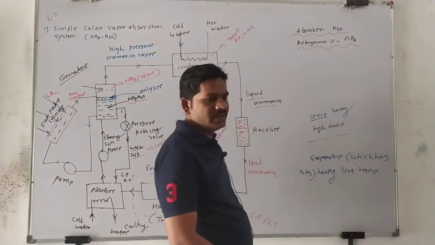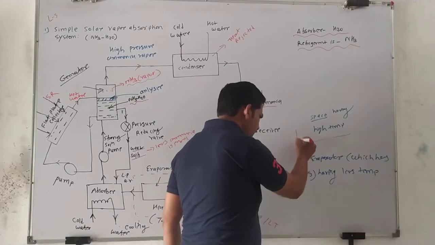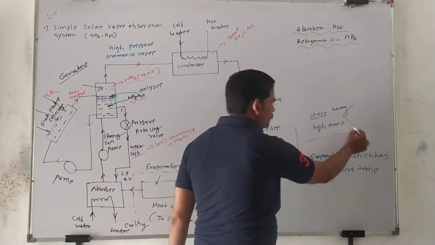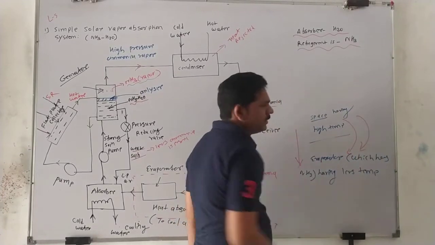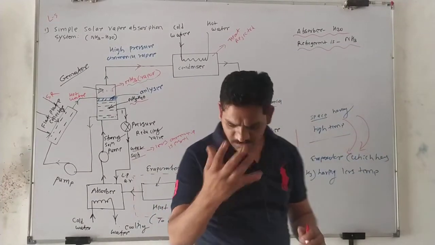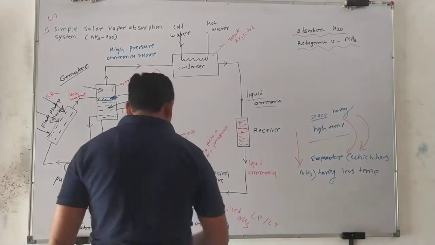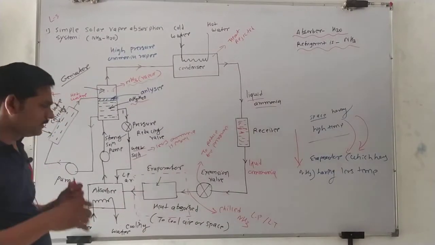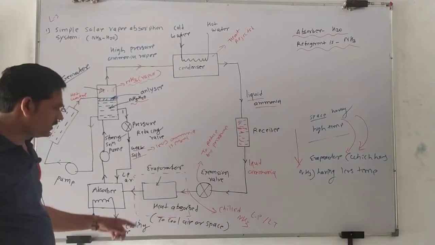So we know that heat flows from higher temperature to lower temperature. So from this space we remove the heat, meaning the heat is absorbed by the evaporator. Yes or no? Yes. So here the heat is absorbed by the evaporator.